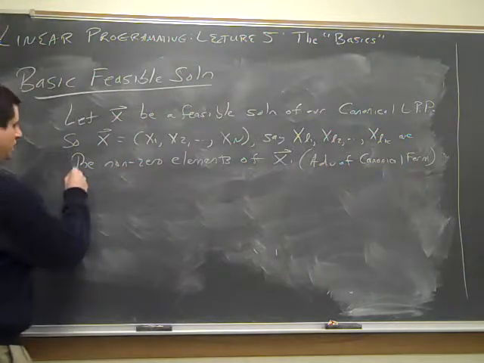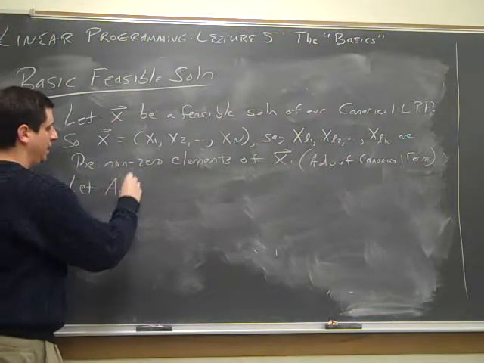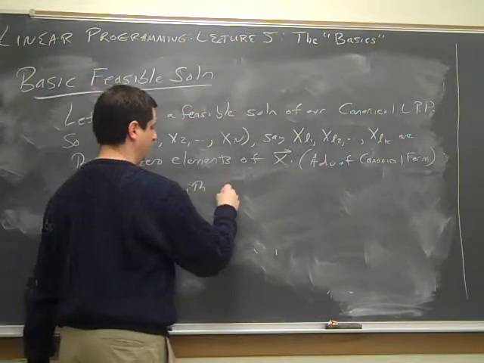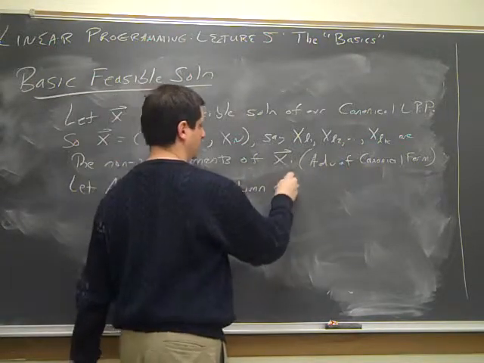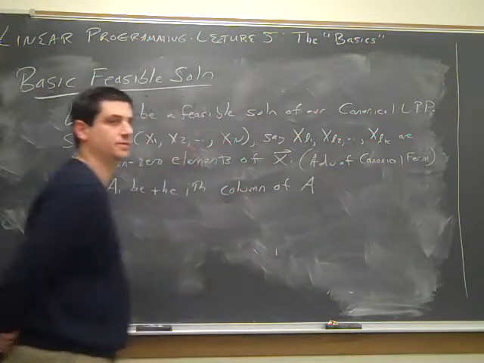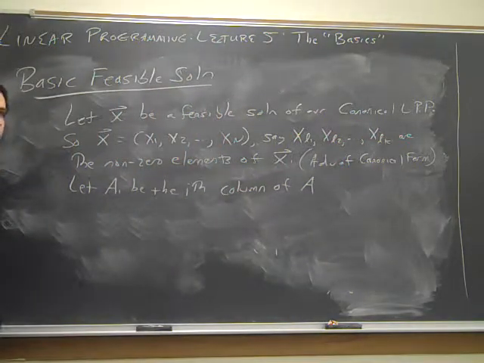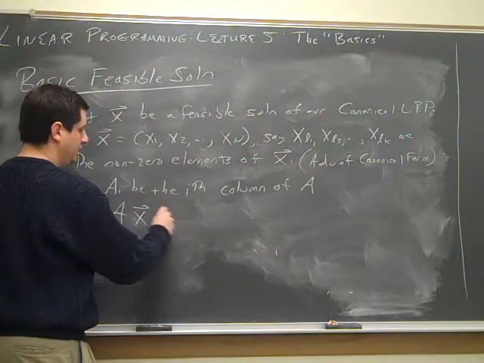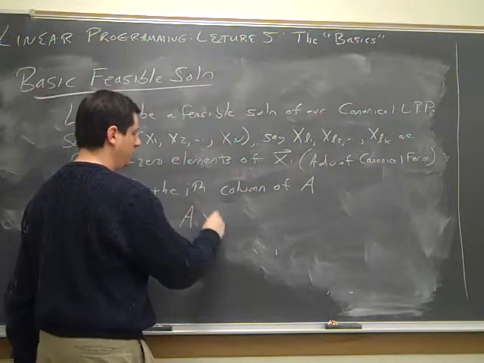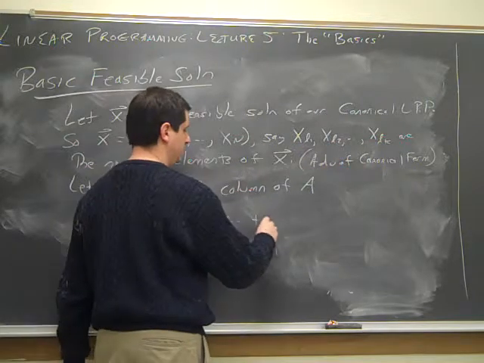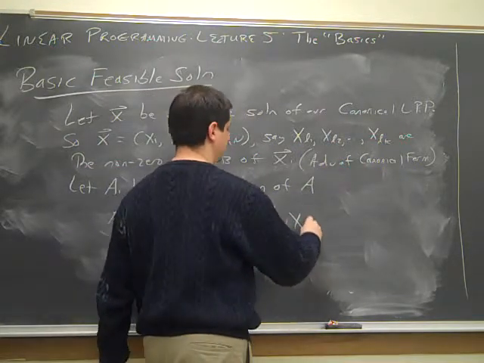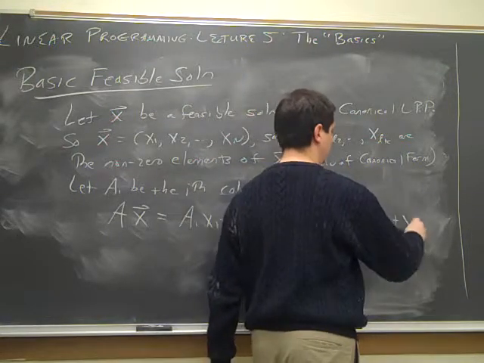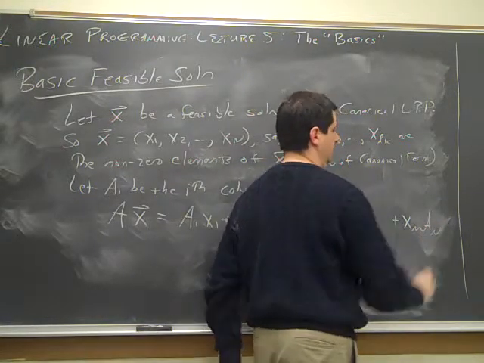Okay, so let ai be the ith column of the matrix A. So Ax is the same as a1 x1 plus an xn, or if you want x1 a1 plus xn an.